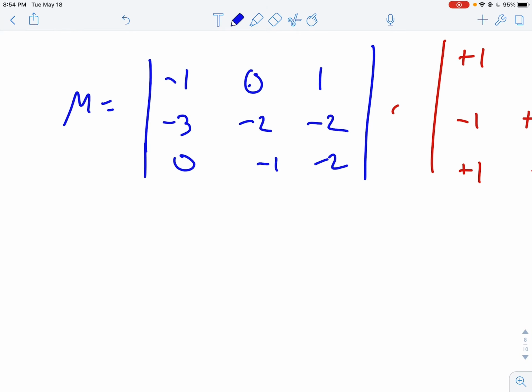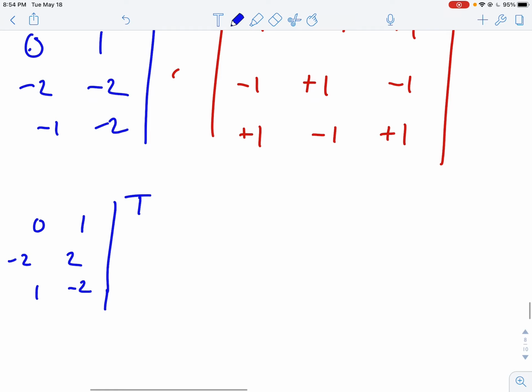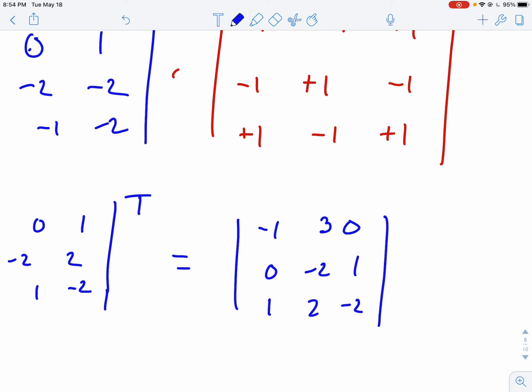So we get that our matrix of cofactors is -1, 0, 1, 3, -2, 2, 0, 1, -2. We also need to transpose this matrix, and once we do that, we get -1, 3, 0, 0, -2, 1, 1, 2, -2.